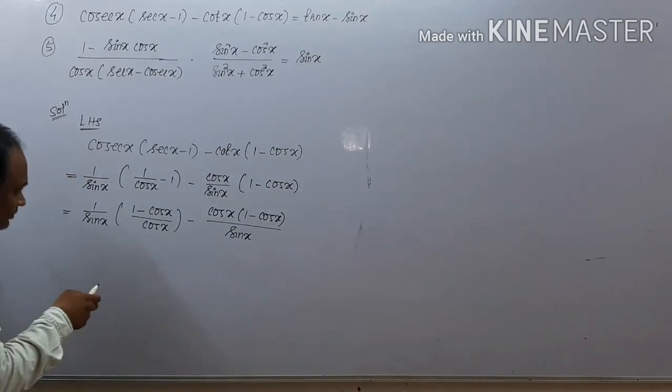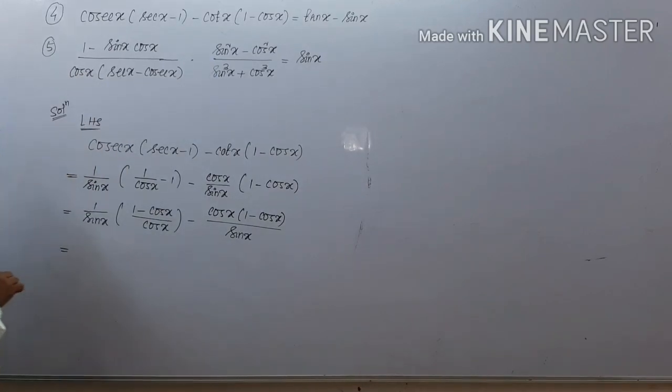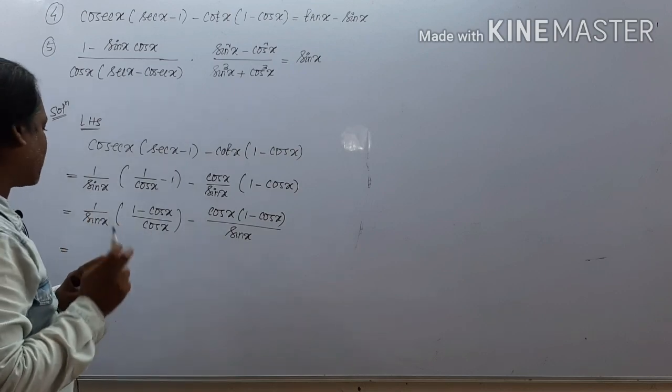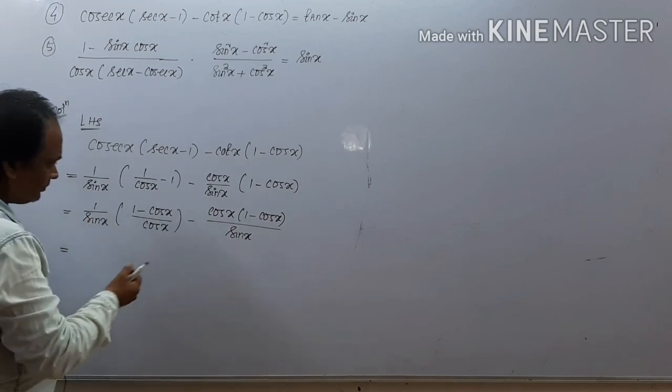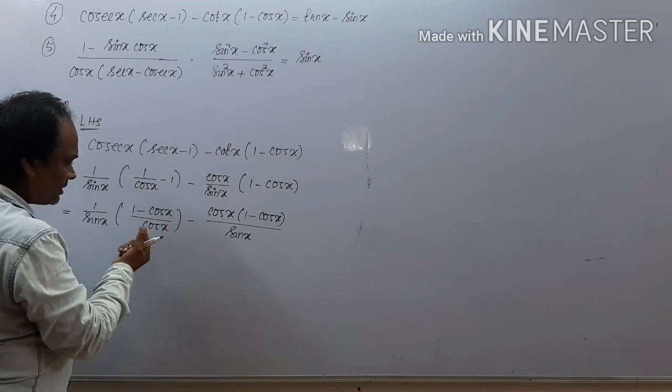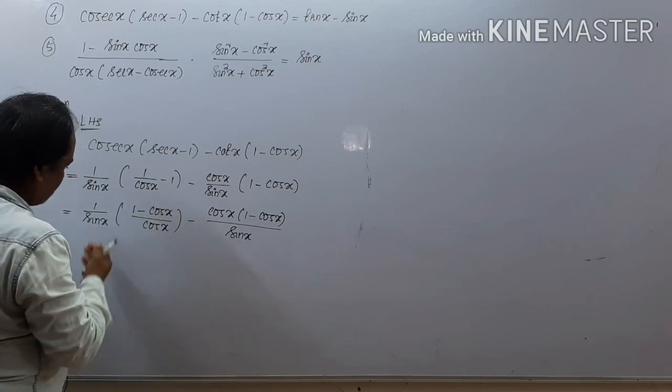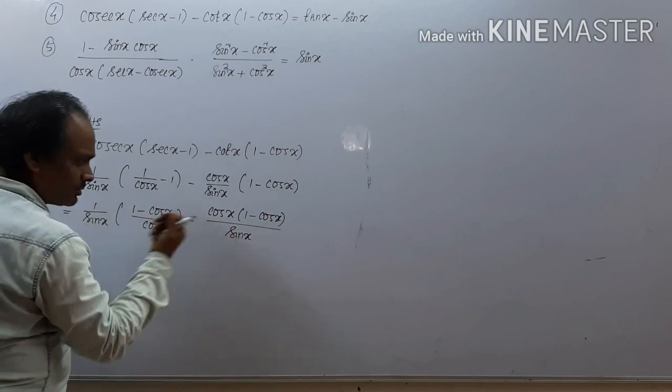Our requirement is tan x minus sin x. So here see what is common: (1 minus cos x) is common, and 1 by sin x is also common.